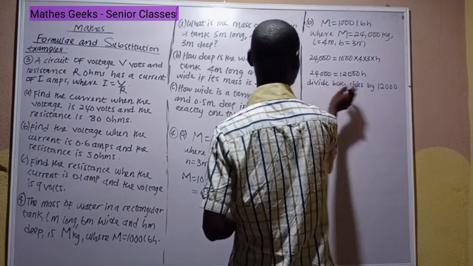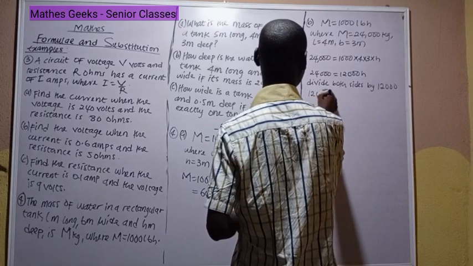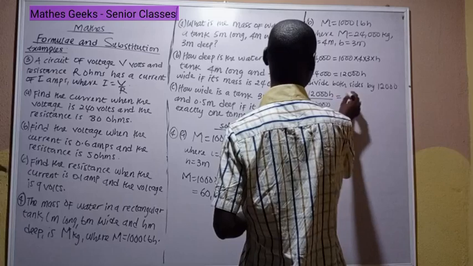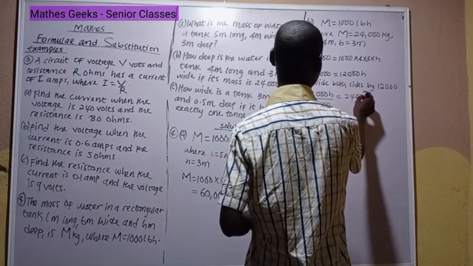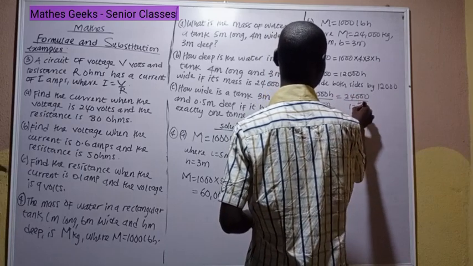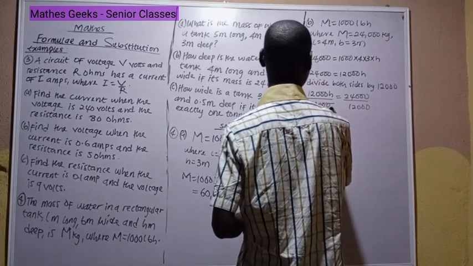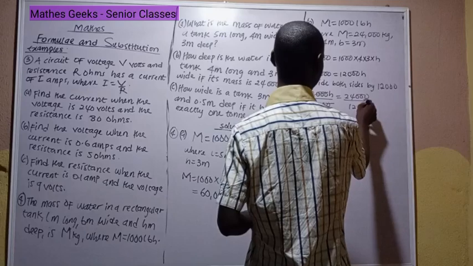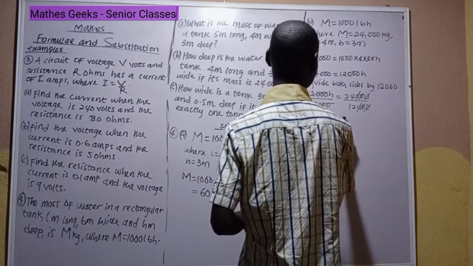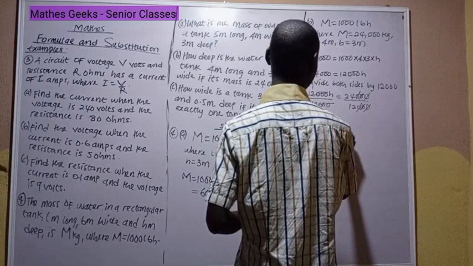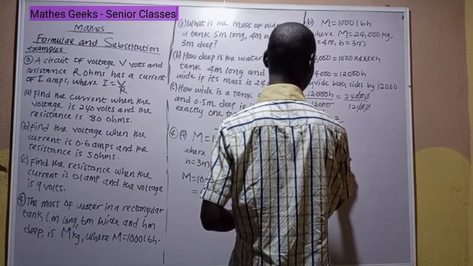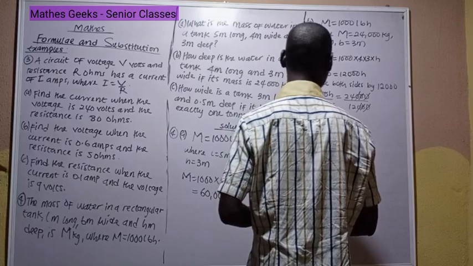So you can write 12,000 h over 12,000 is equal to 24,000 over 12,000. This will cancel this. So h is equal to 24 over 12, so here 1, 12, here 2. So h is equal to 2 meters.